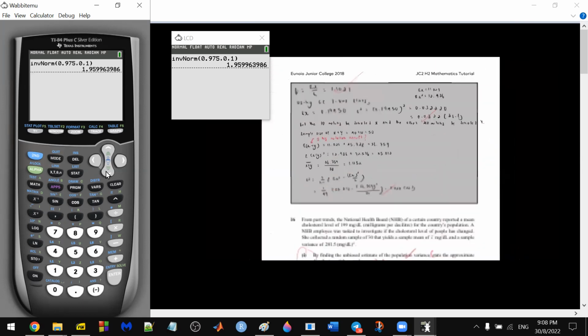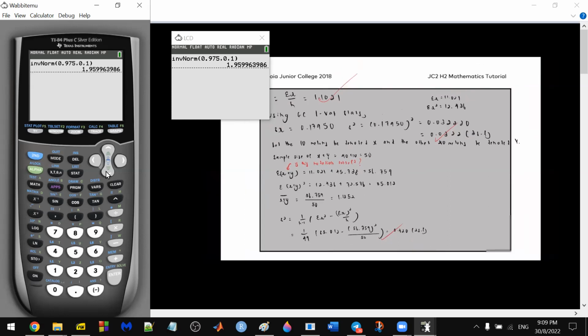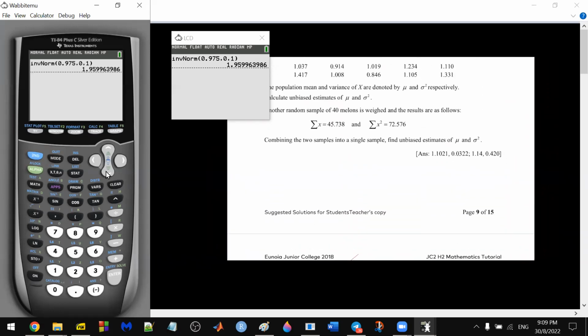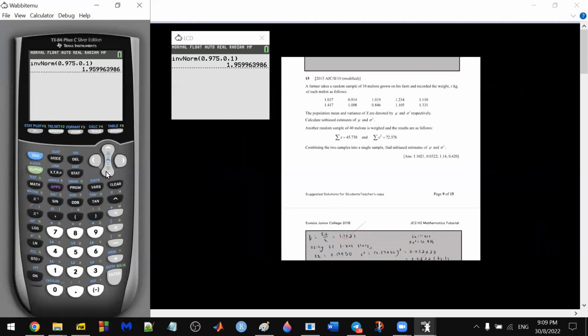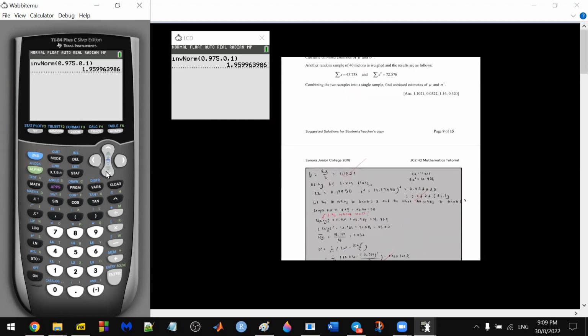What else? Is this notation correct? It looks funny, but I don't know. Let me read first. A farmer takes a random sample of 10 melons grown in his farm, weight in kg. Population mean and variance are denoted mu and sigma squared. Calculate unbiased estimates using the actual data.